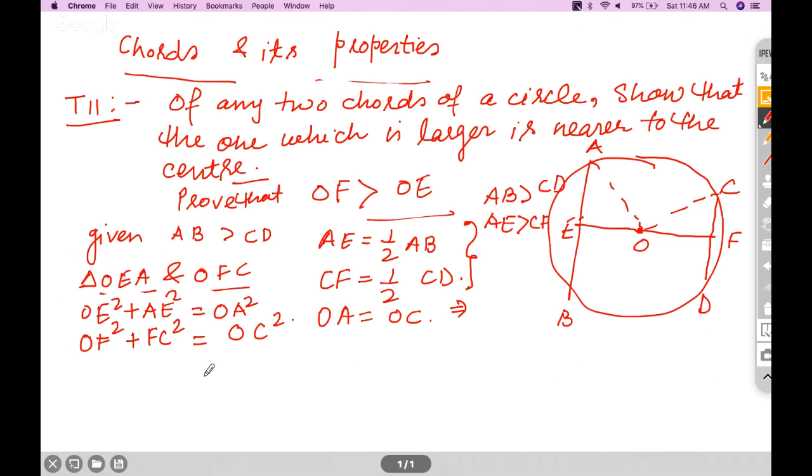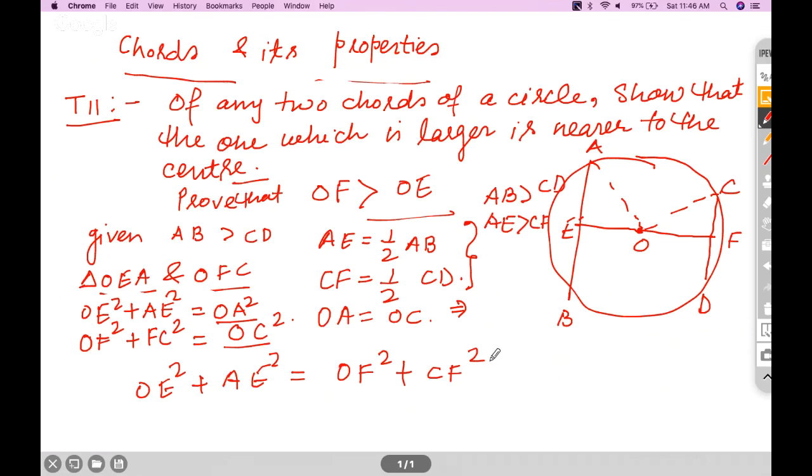So from here I can write, because OA square is equal to OC square, OE square plus AE square is equal to OF square plus CF square.